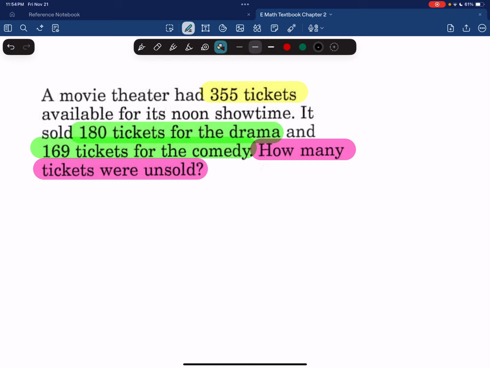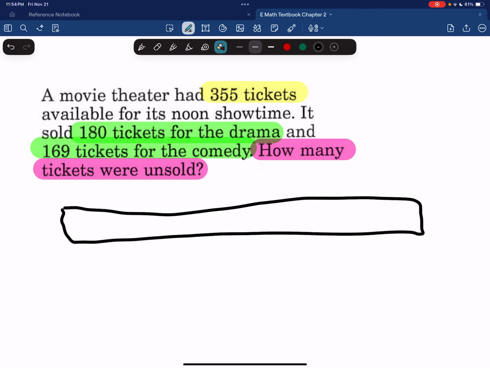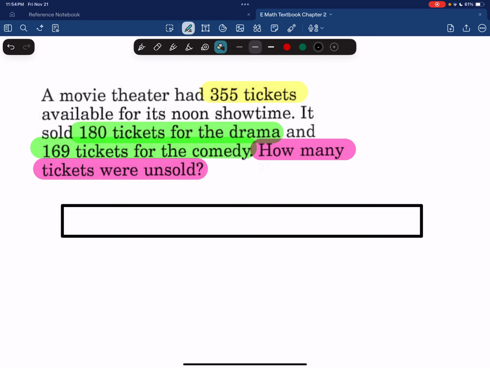And so now I can draw my bar. I do know the total. And I know that those are broken into 3 groups. We have 180 for drama.